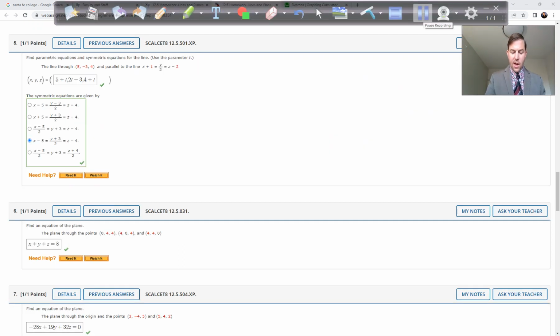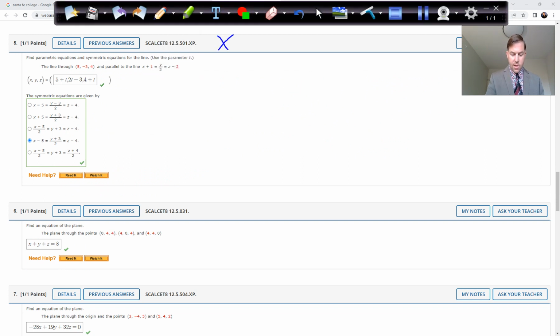Okay, for problem 5, there's a general formula that says this. x equals at plus x0. So in parametric form, x would equal that.